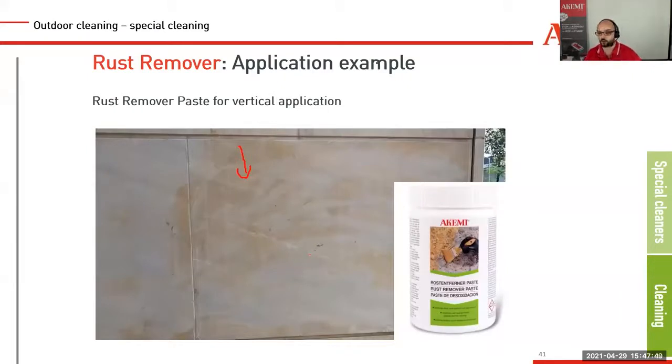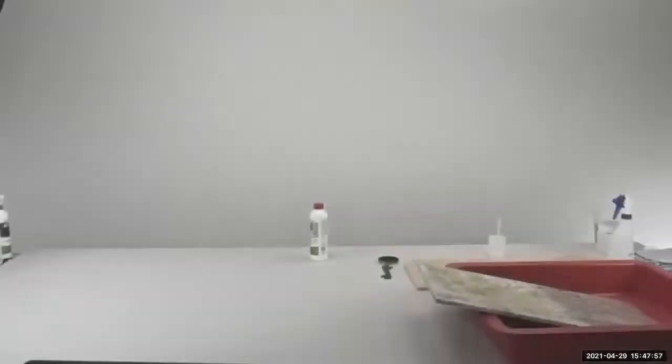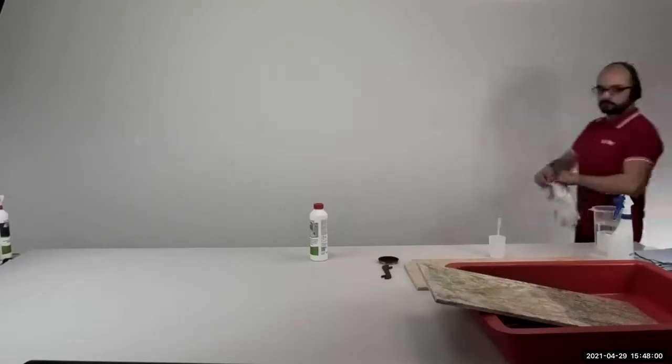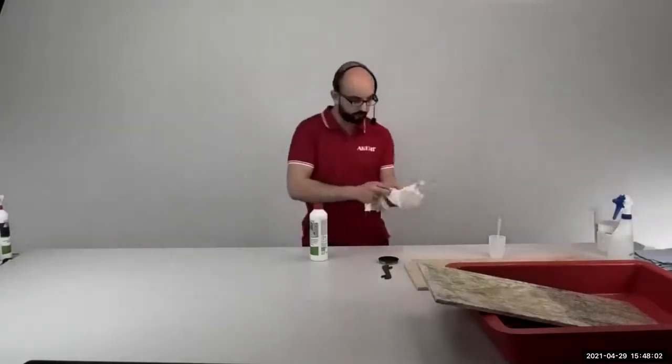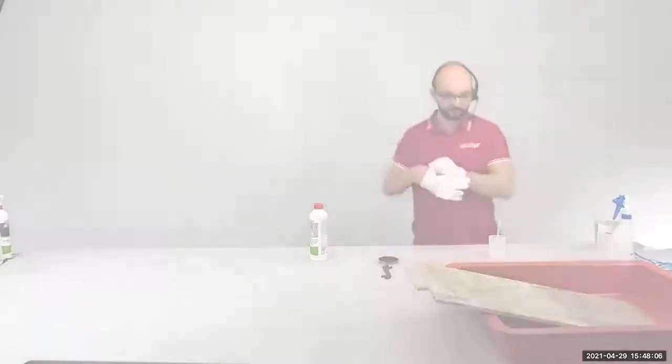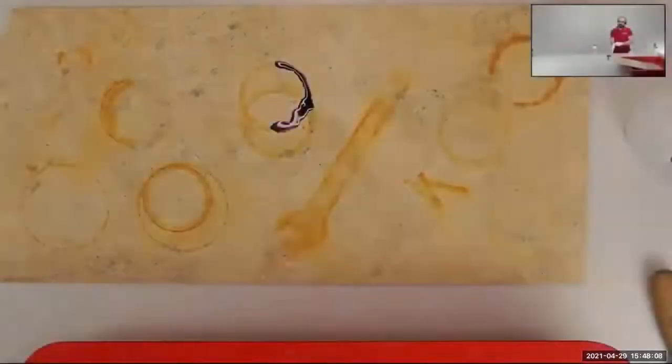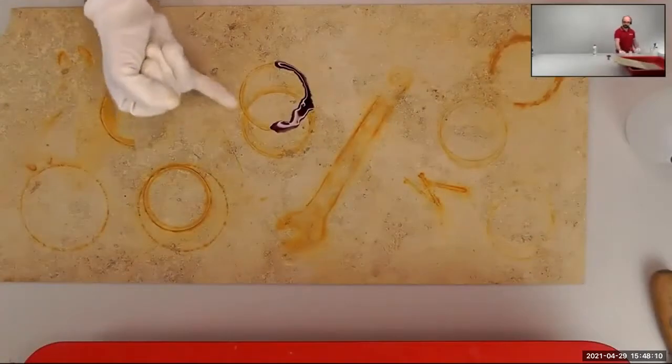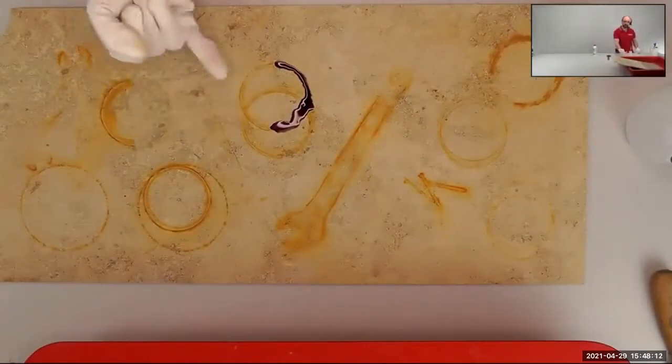We will now go back to see how our rust remover marble has worked. So let's go back to the table. We can actually switch directly to the overhead camera. And here you see immediately the effect. You have this violet color change of this typical rust stain.